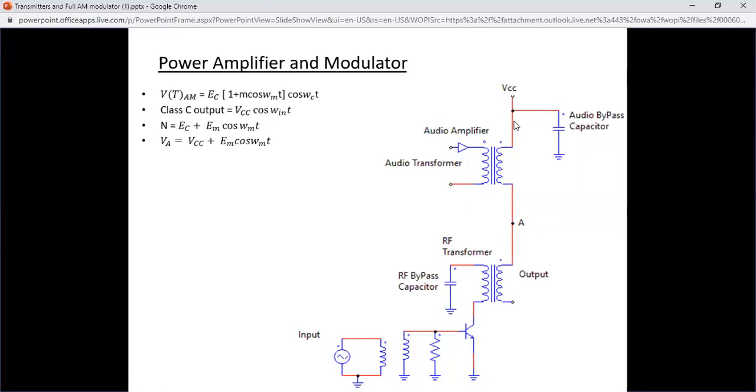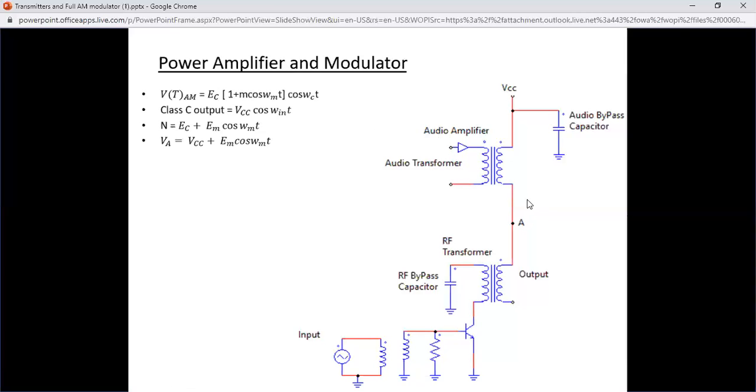So this is a Class C modulated amplifier, and Class C has the most distortion among the other classes A, B, and AB, but it has the highest efficiency, therefore it will be used to design the AM modulator.